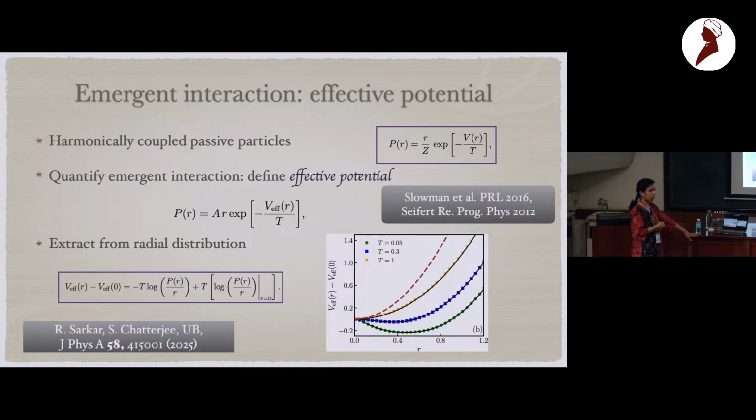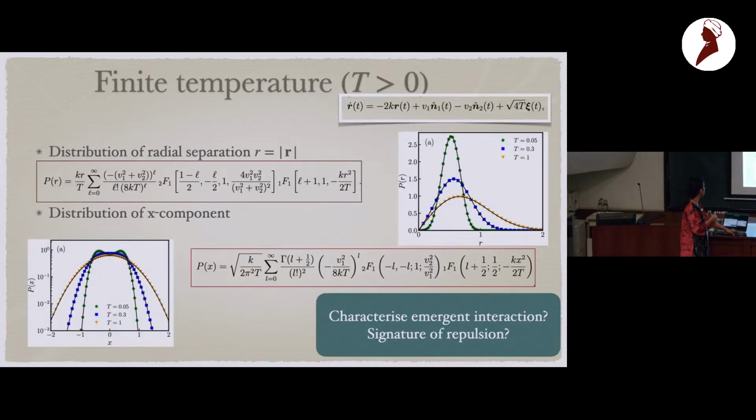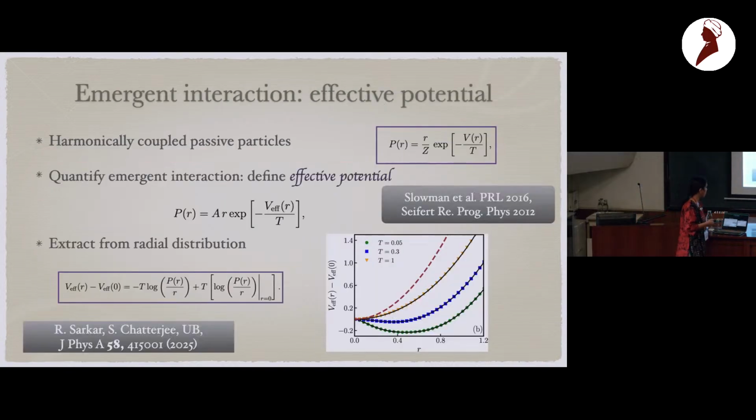There is an ambient temperature T, and then we look at this effective potential to see whether we can see some signature of this repulsion, and it turns out that yes. We extract this effective potential from the exact solution P(R) that we know, and it turns out that at low temperature this potential indeed has a minimum at some positive R.